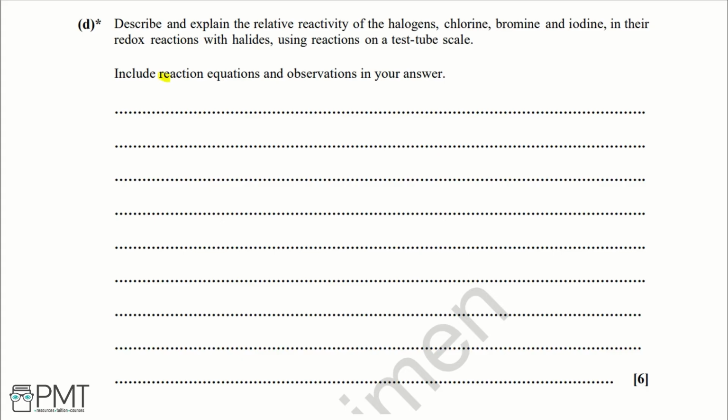Firstly, let's write the reaction equations. So our first equation can be between chlorine and bromide ions, and we're going to produce bromine, so Br2, and chloride ions, so 2Cl-. And what we're going to produce is a yellow solution, and this is our observation.